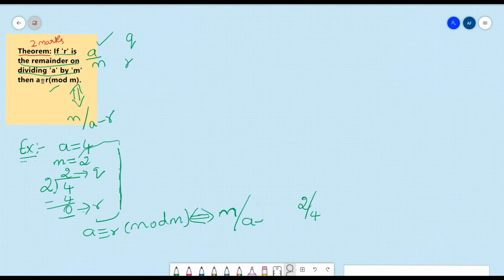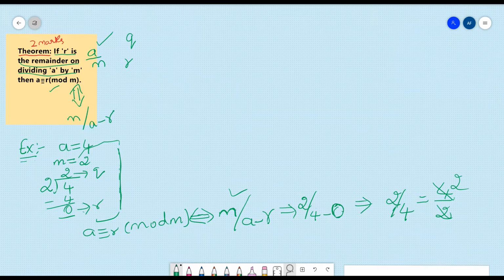I'll just rub this one. It's R. So what is the value of R? R is 0, right? So this implies 2 divides 4, and what is the meaning of this? 4 is divided by 2, and it gets cancelled for 2 times. So it is satisfying this condition.